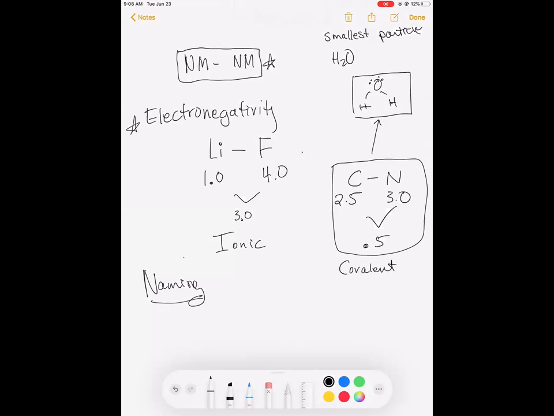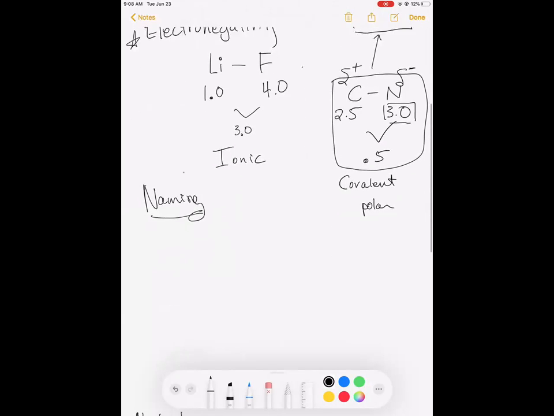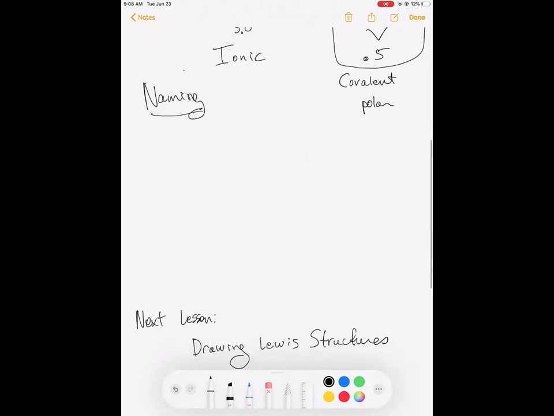And it has a tendency to have a little bit of polarity. Again, we would recognize that the nitrogen is slightly negative because it has a greater electronegativity, and the carbon would be slightly positive. We'll talk about that a lot more in my next lesson, where we look at the overall polarity of the molecule.